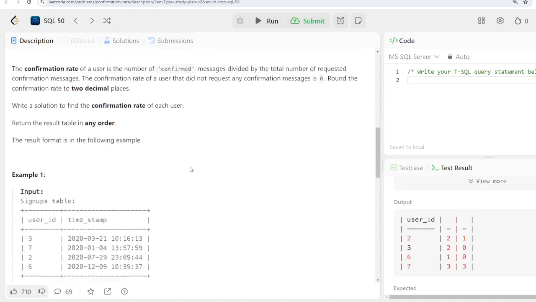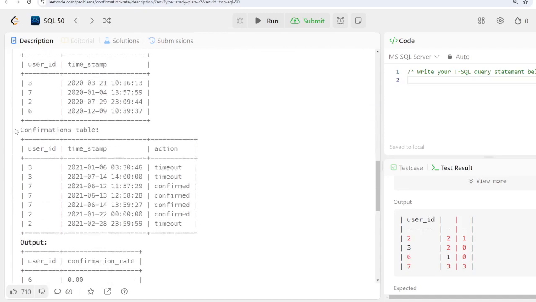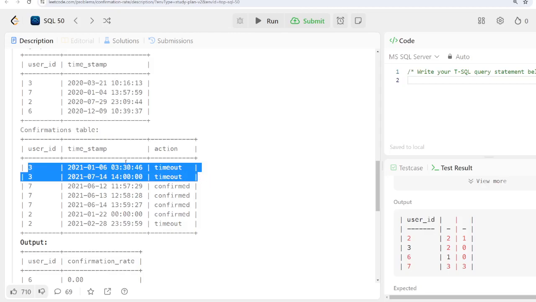Okay, so for example, here in the confirmations table, each row indicates the user ID, timestamp and the action. For example, this user ID 3 has requested a confirmation message 2 times, and both of the time the action was timeout.